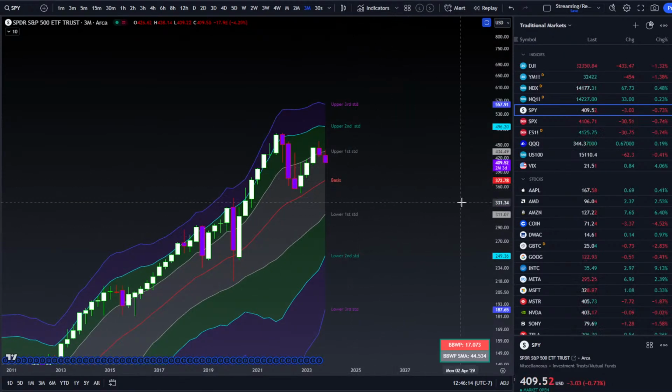Now, of course, if that area did break down at the basis, then we're looking at the lows, 350, and then possibly back to go test the damn area that I wanted to see tested from the 19 highs at 325 or so.